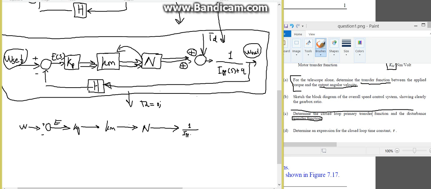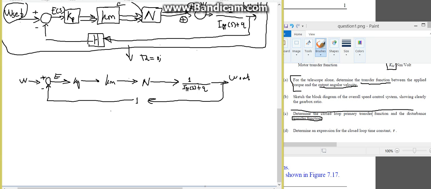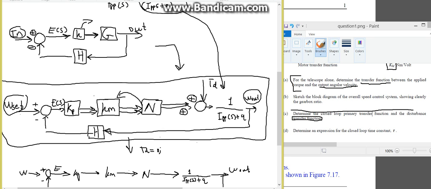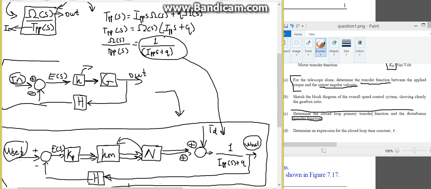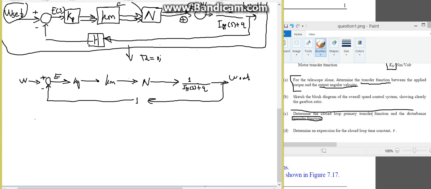You notice how that summing junction has been neglected now, and your output, and finally that moves into 1, which is your measurement transducer, which was stated in the question to be 1 for our case. And you notice that it looks similar to the previous general block diagram configuration. So let's use our basic formulas from before.